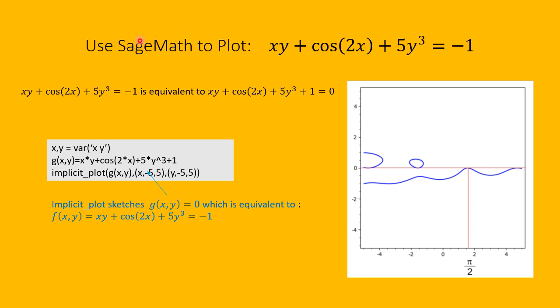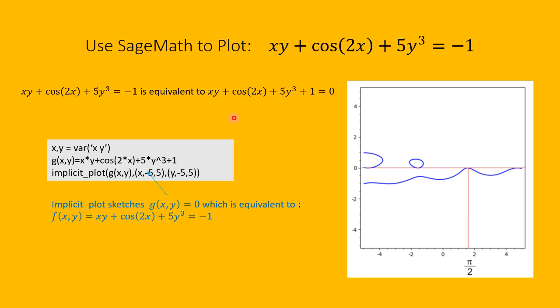Let us use SageMath to plot this equation: x times y plus cosine 2x plus 5y cubed equals minus 1. Let's write this as a function of x and y equals 0, by adding 1 to both sides. So this equation is equivalent to xy plus cosine 2x plus 5y cubed plus 1 equals 0.